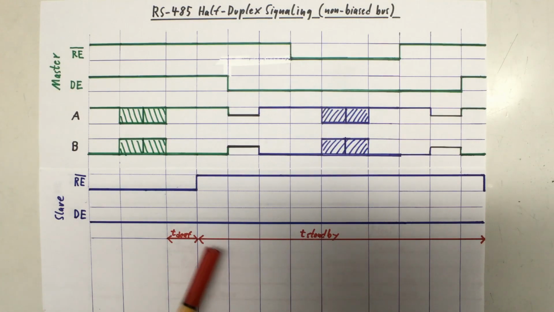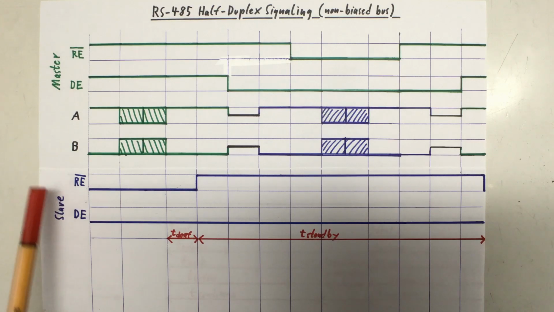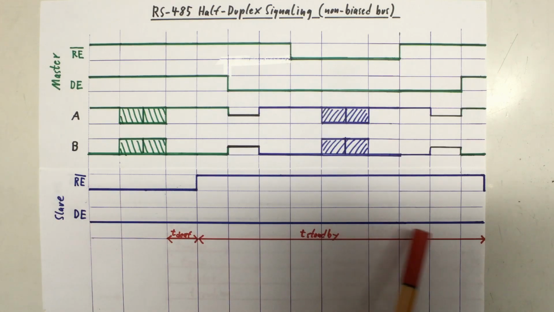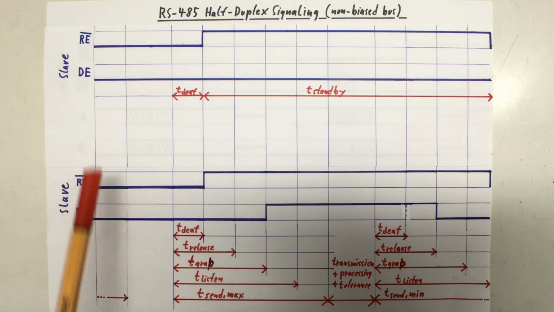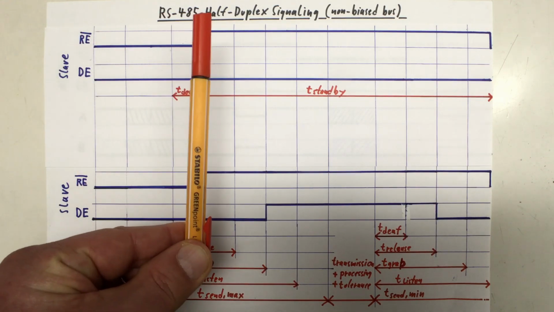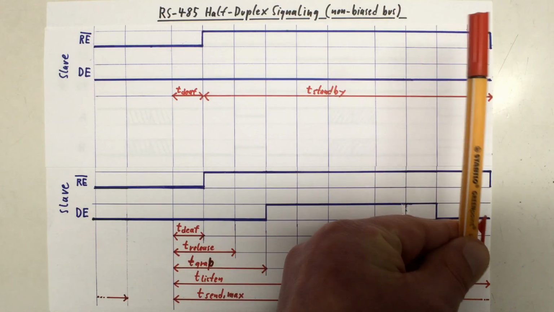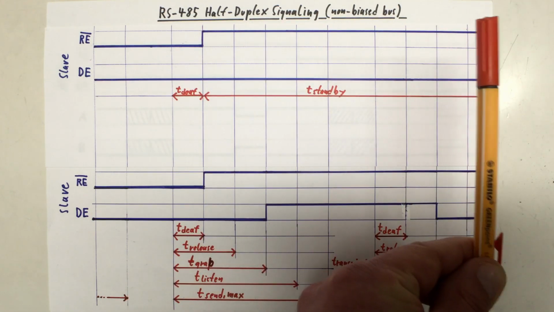Let's call the time where the not addressed slave has disabled its receiver T standby. And of course, the not addressed slave never enables its transmitter. T standby should be chosen so that the addressed slave and the not addressed slave disable and enable again their receivers at the same points in time.